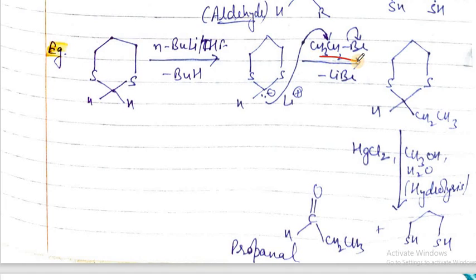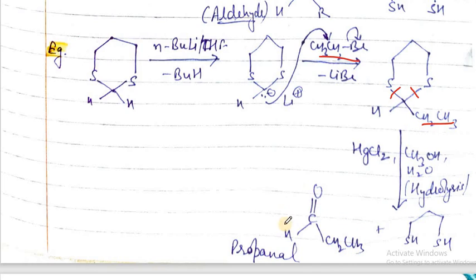Now the ethyl group will get attached to the carbon through electron pair, and now upon hydrolysis this bond will be broken, and here C double bond O will be attached, and to this hydrogen will be attached, so water is added across this, and we get O=CH-CH2CH3, that is aldehyde of 3 carbons.